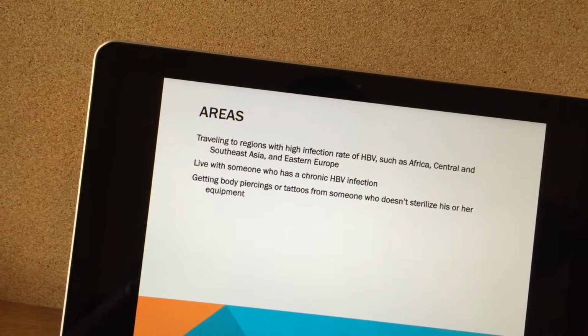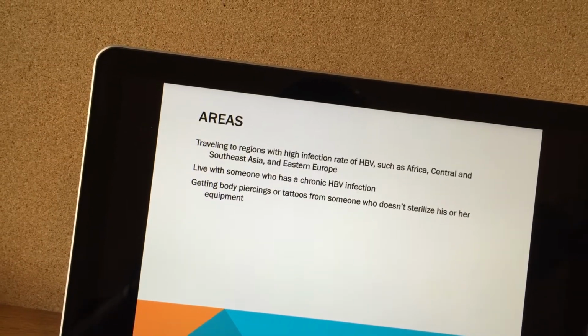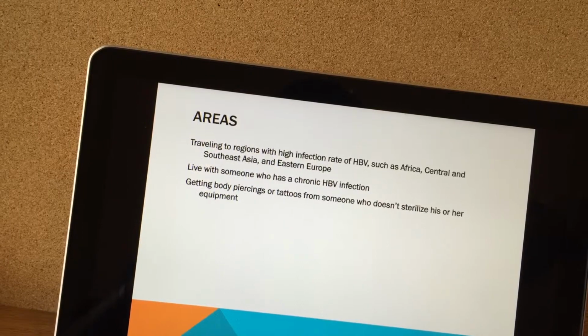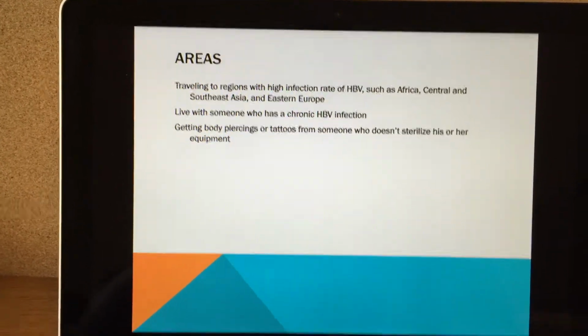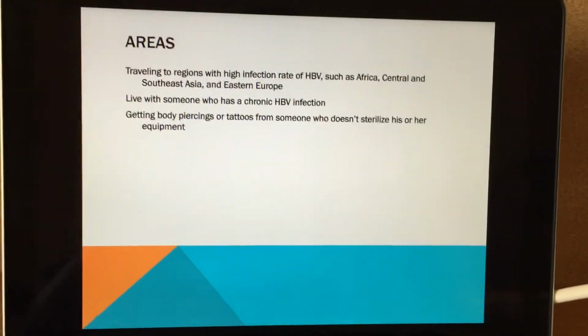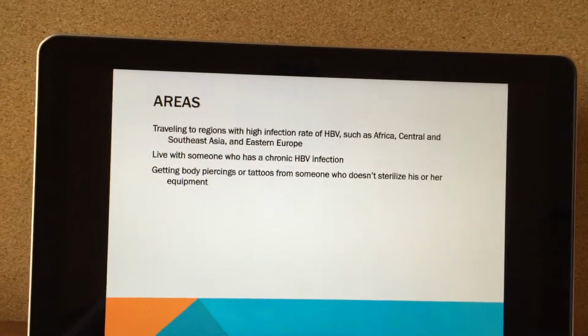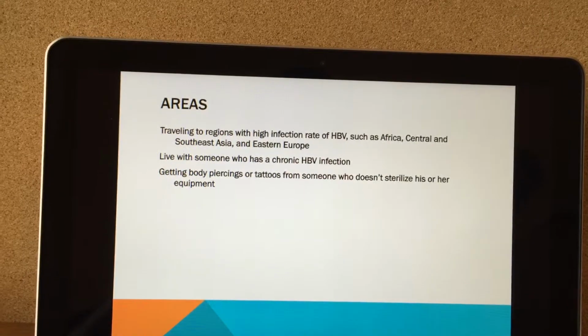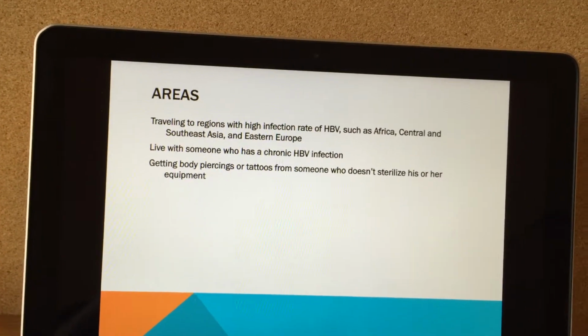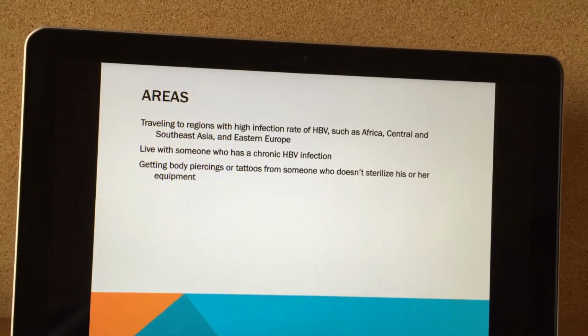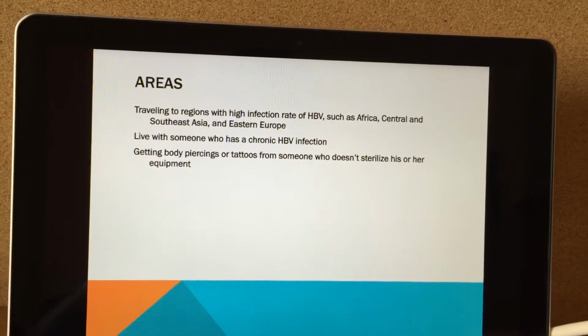For instance, if you are around high-risk places, such as Africa, there is a very likely chance you will come into contact with bodily fluid of infected people. And also, if you're living with someone with hepatitis B, then the chances are even greater. And other ways like body piercing from unsterilized equipment can also result in infection.